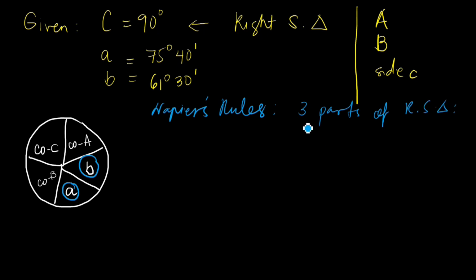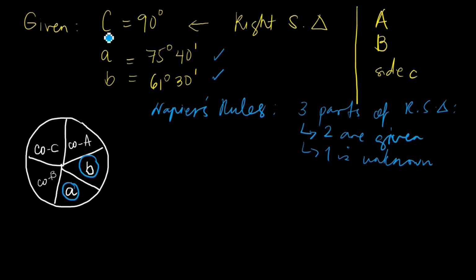When we say 3 parts, this means that two are given and then one is unknown. Since in our problem we do have the given side A and side B, it means that any of the three unknowns can be our third part in solving.